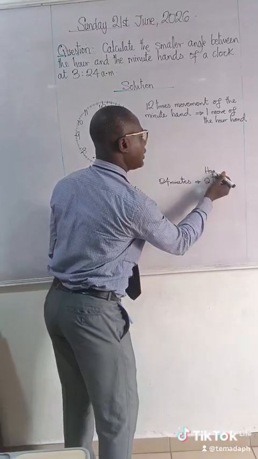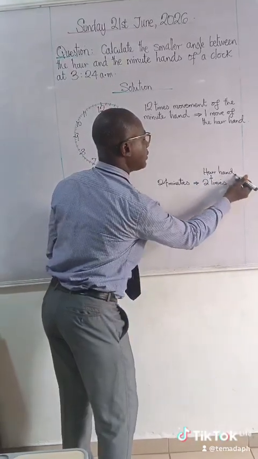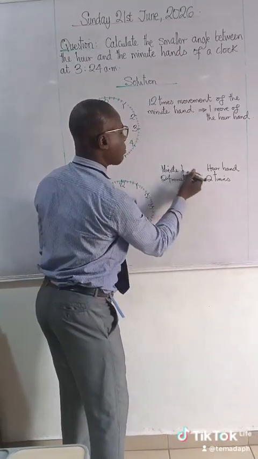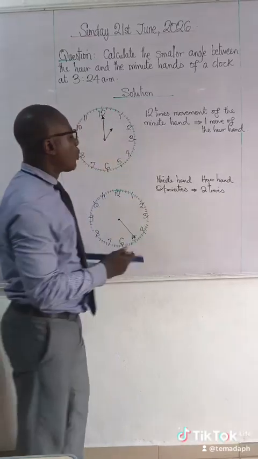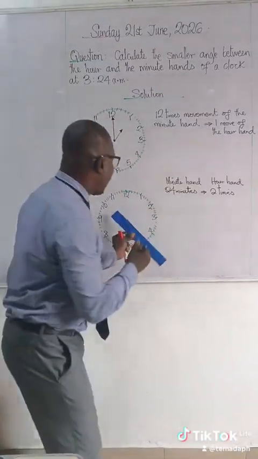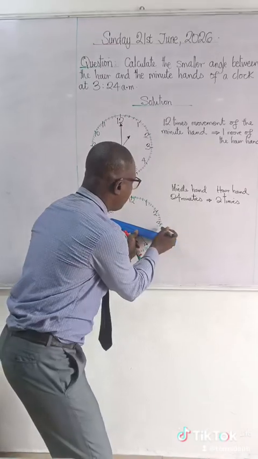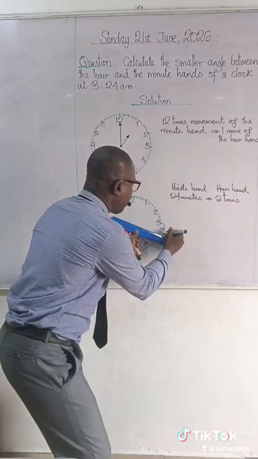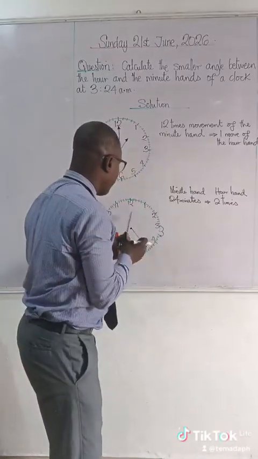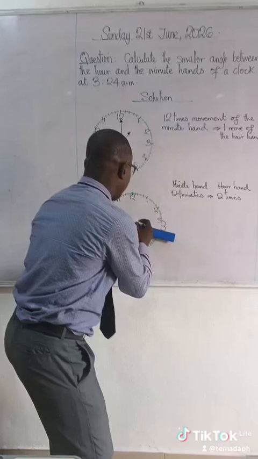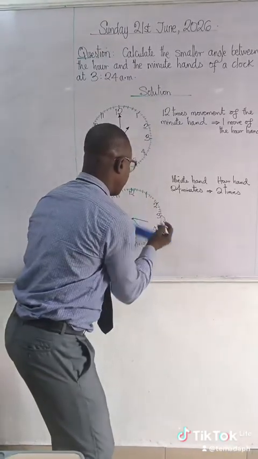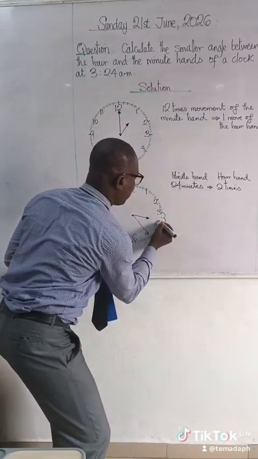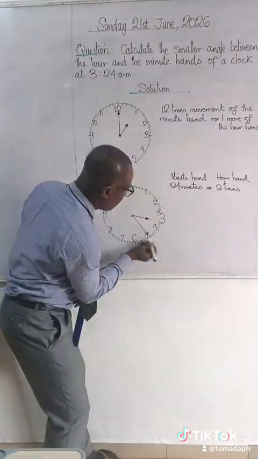Here is the hour hand, and this is the minute hand. So we have the hour hand moving 1, 2. That's moving from here, 1, 2, and it is there. So we have the hour hand at this point, which if you tick forward, comes to this end, and here it gets to this end.